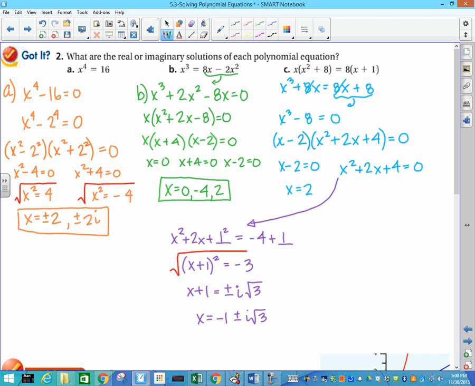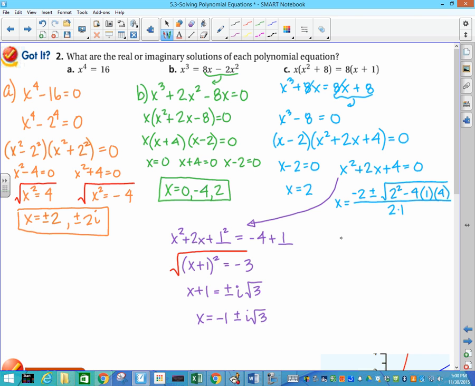But because some of y'all probably don't want to do that, I will go back over here and do the quadratic formula. If I did the quadratic formula, I would have negative b plus or minus the square root of b squared minus 4 times a times c, all over 2a.